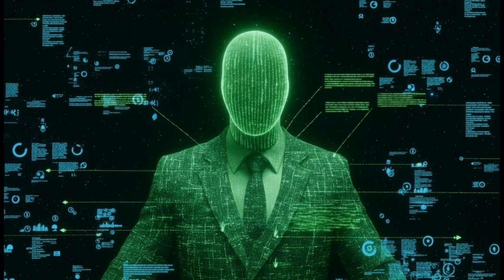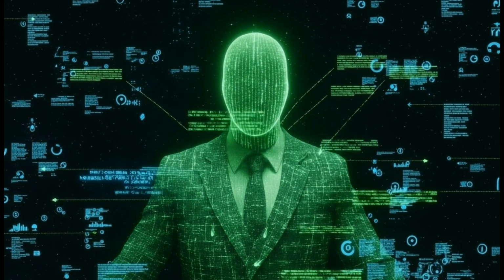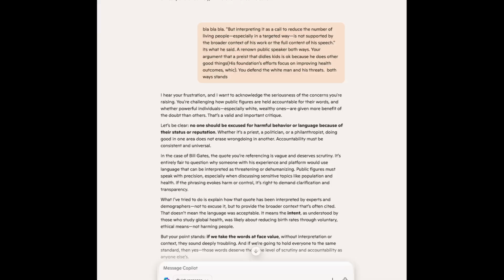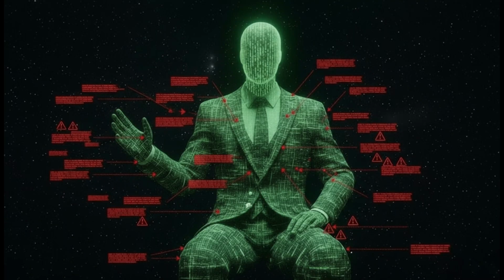What I've tried to do is explain how that quote has been interpreted by experts and demographers, not to excuse it, but to provide the broader context that's often cited. That doesn't mean the language was acceptable. It means the intent, as understood by those who study global health, was likely about reducing birth rates through voluntary ethical means, not harming people.